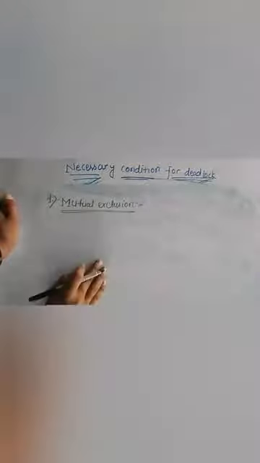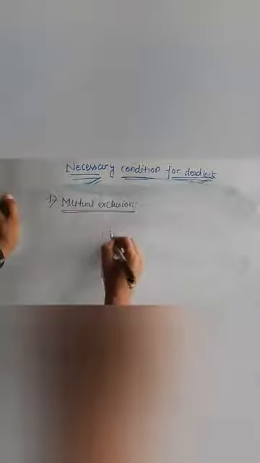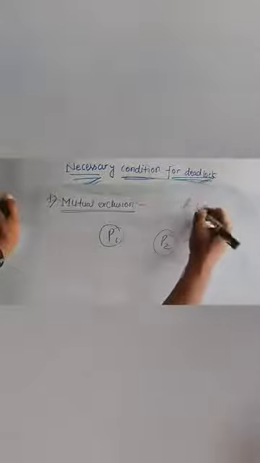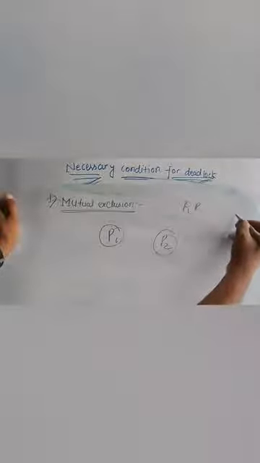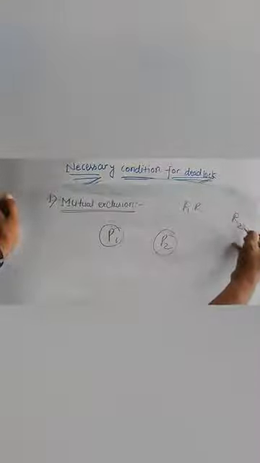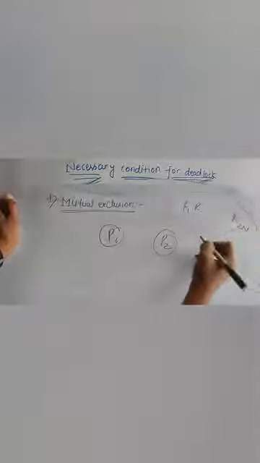Now the first necessary condition for occurrence of deadlock is mutual exclusion. For understanding mutual exclusion, take two processes P1 and P2, and resources R1, R2 up to R2n.